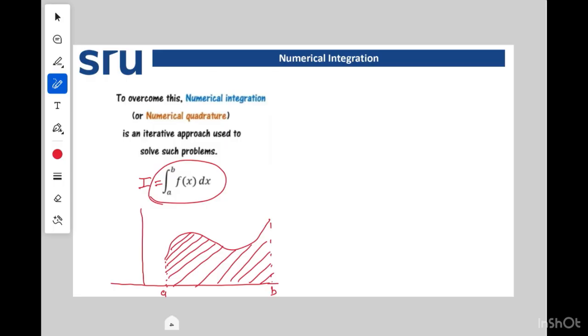If you are unable to integrate this function exactly, we will use the numerical method. How will we do this? First, we will divide this domain, which is given as a to b, into a finite number of subintervals.